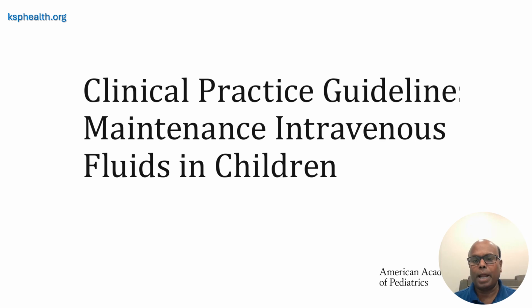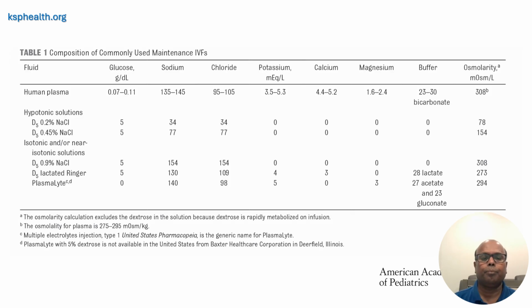We'll go over the clinical practice guideline by the American Academy of Pediatrics published in 2018. As you can see, 1/5 normal saline and half normal saline are categorized as hypotonic fluids. There is no role for them.